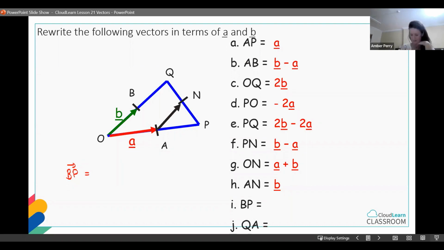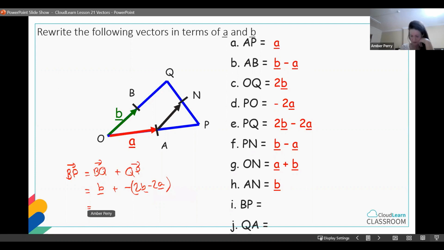So BP is going to be BQ plus QP, which is B plus QP. Now I'm pretty sure we did PQ here. PQ is 2B minus 2A, so QP is minus 2B plus 2A.